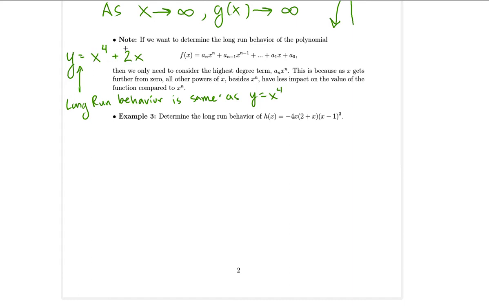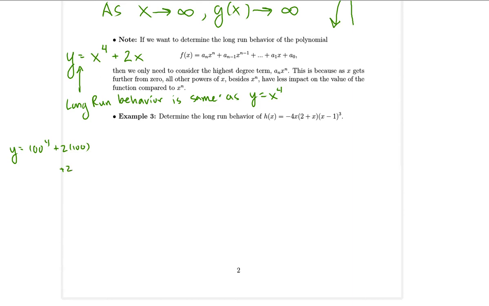Why is that? Well, remember with long-run behavior, what you're doing is plugging in either big x values or really negative x values, like negative 100 versus 100. So if we think of plugging the number 100 in here, y equals 100 to the 4th plus 2 times 100.